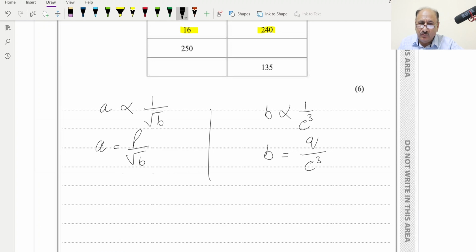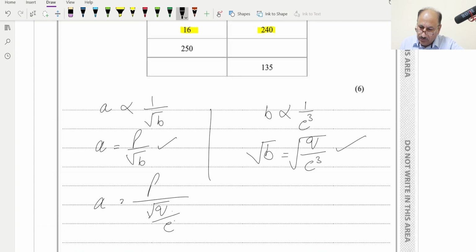So we will take the square root of b. Now we can replace this b value in this equation. So a will be equal to p over the square root of q, over the square root of c cube, separate square roots I have written for these two.